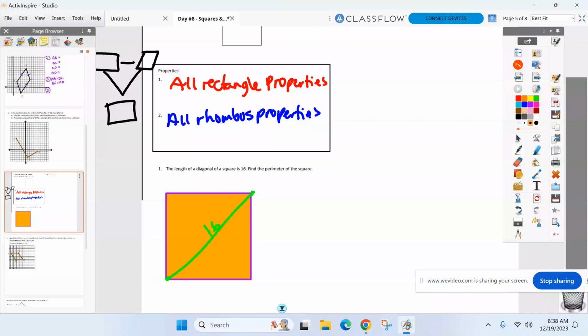It's 8 square root 2. I got 8 radical 2.